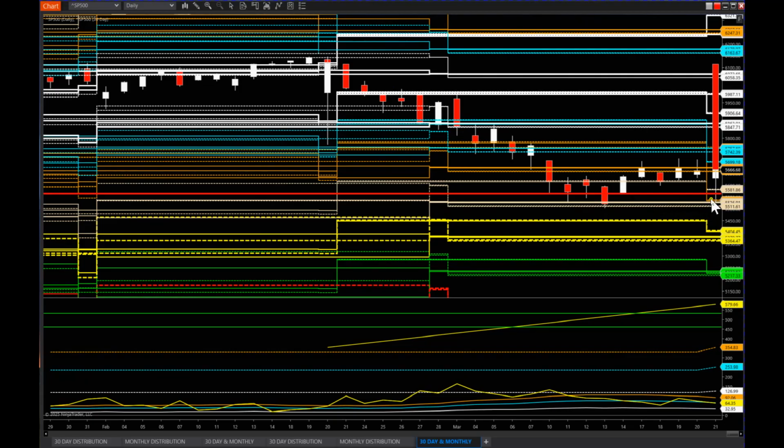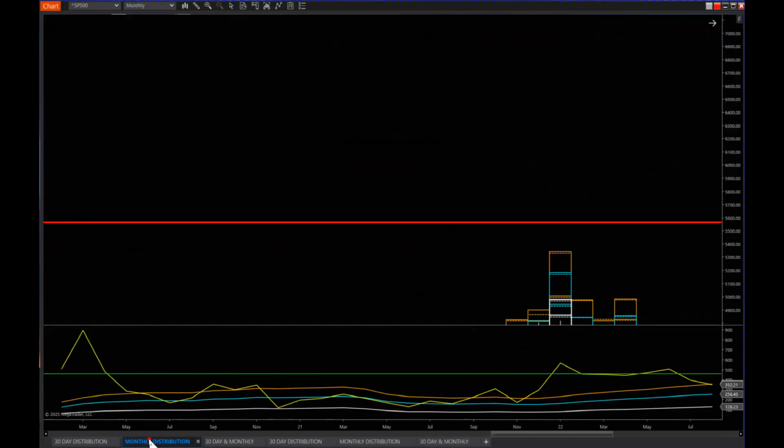So play around with your distributions and understand the difference that I'm trying to explain to you between the R vol and the H vol. When we get outside the distribution, like you can see your monthly R vol was outside the monthly distribution, that showed that range expansion that we got to the downside.